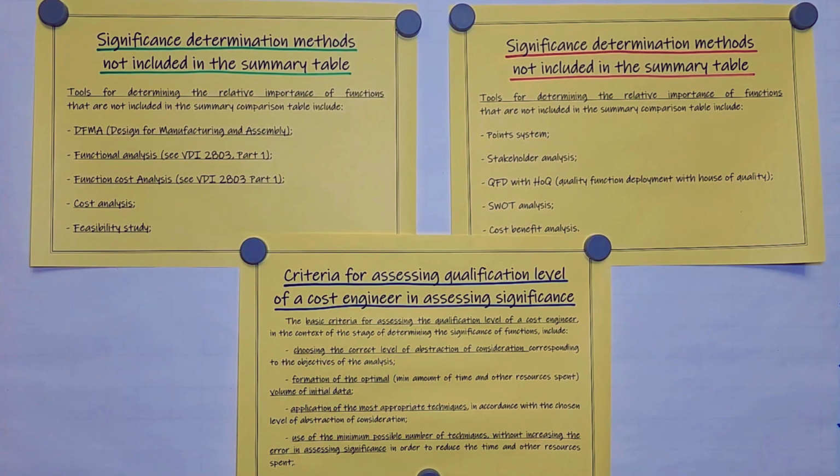The skill of a cost engineer is to determine the significance of functions and their carriers with the least expenditure of resources, i.e. by applying as few methods as possible that are most appropriate to the chosen level of abstraction. In this case, resources mean not only time but also material resources, since most of the methods require the involvement of either experts from the working group or third-party independent experts.